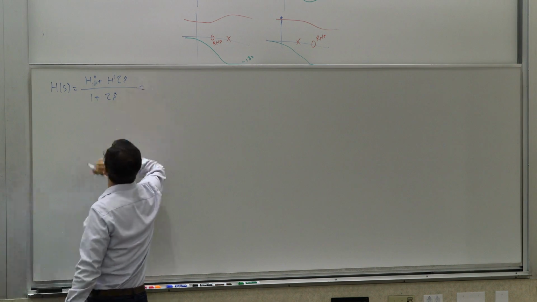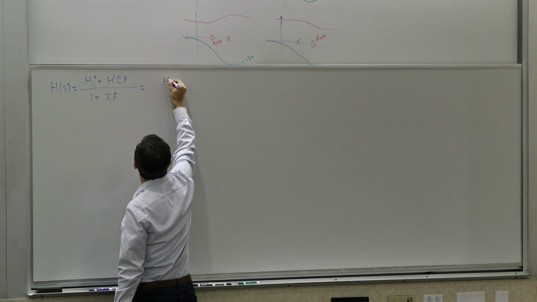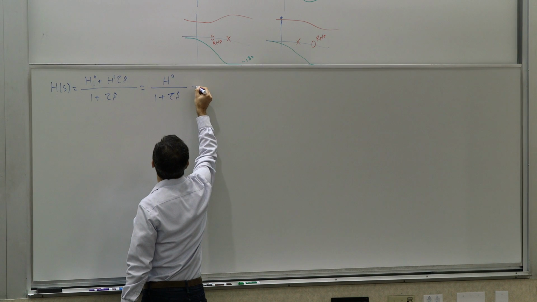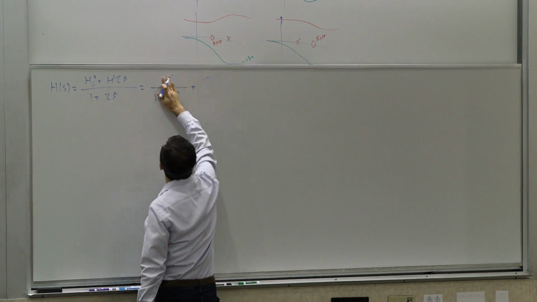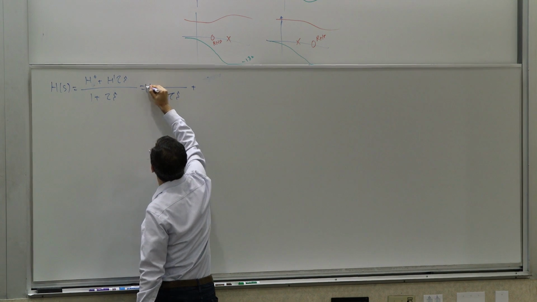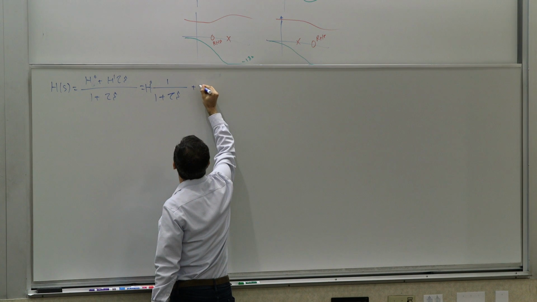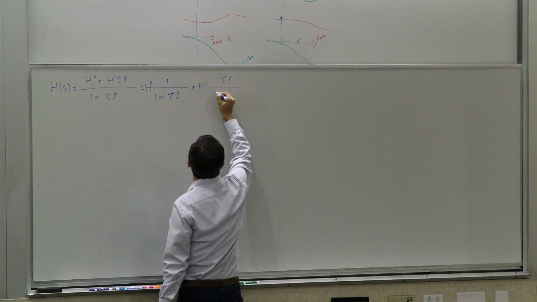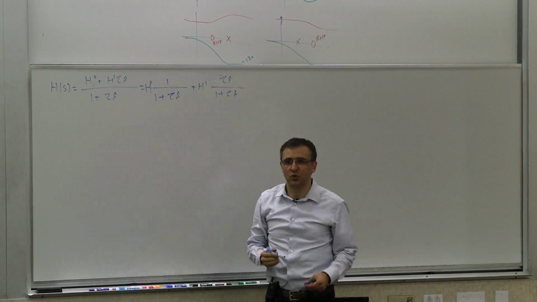You can write it in this form as two fractions: h0 over 1 plus tau s, plus h1 times tau s over 1 plus tau s. You agree with that, right?